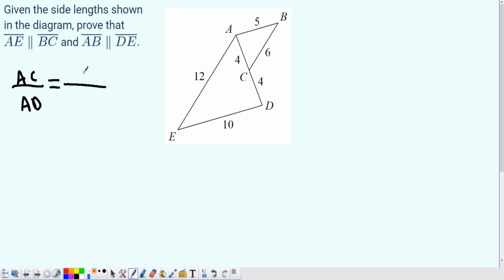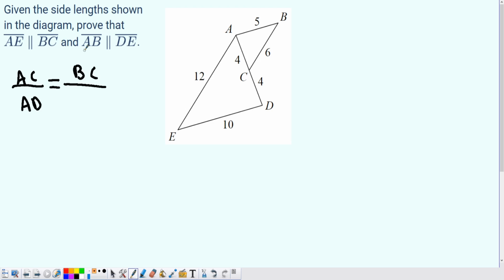Well, the next easiest choice would be, what's the biggest side of ABC? That seems to be BC, which is 6. And the reason I'm doing this is because it's easy to find the smallest and biggest sides, and they're the ones that must go together in these ratios. The biggest side in one triangle goes in the same ratio with the biggest side in the other.